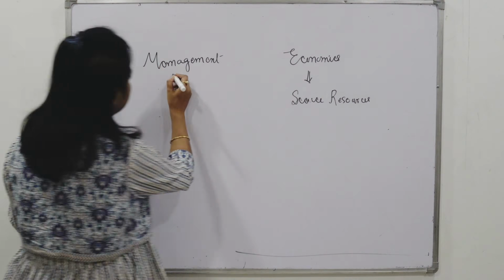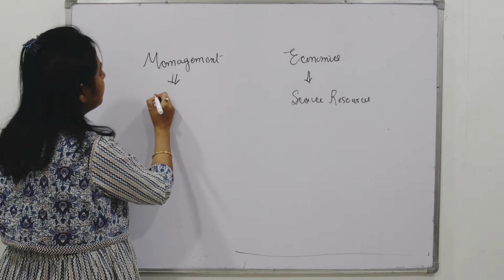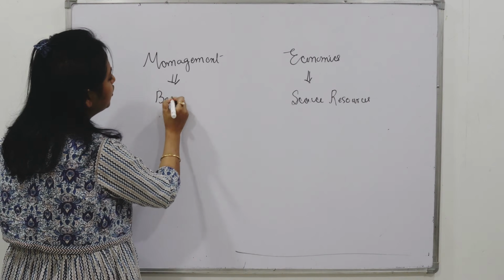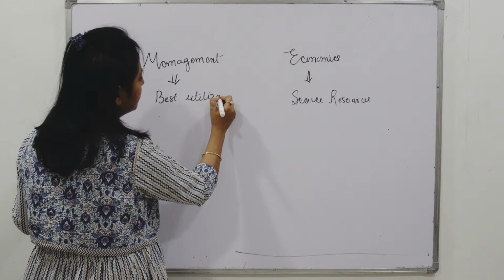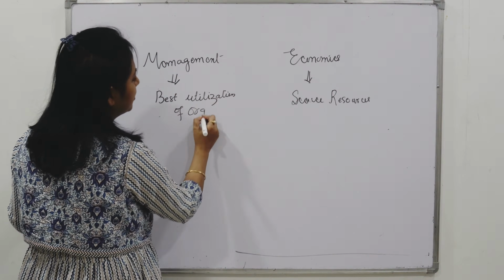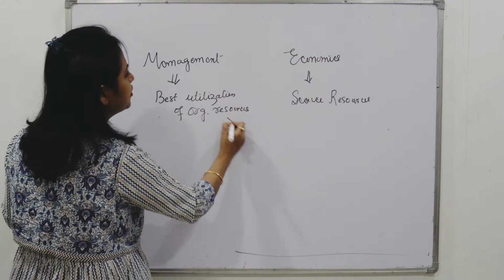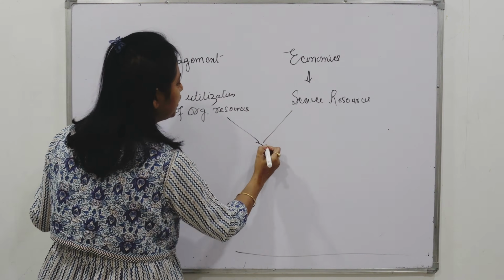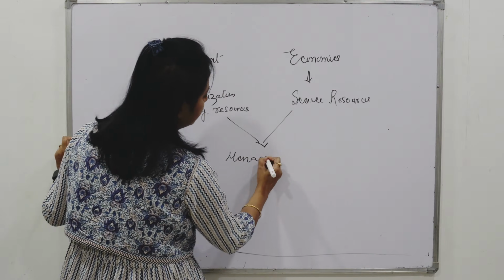Whereas this is management. Management tries to make the best utilization of organizational resources. Right friends? So when we club these two, then there is something new which is formed. We call it managerial economics.